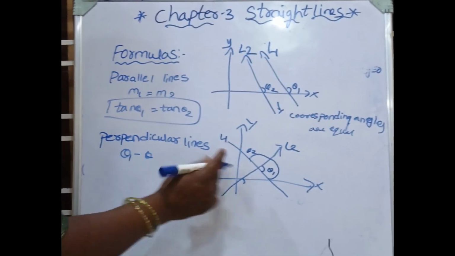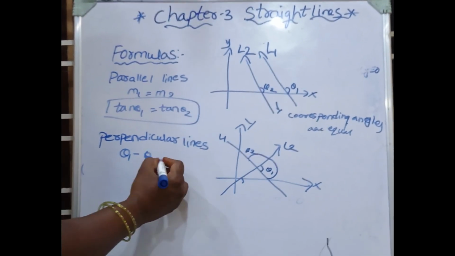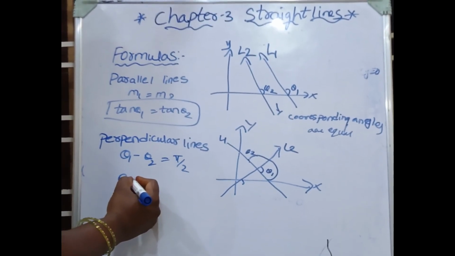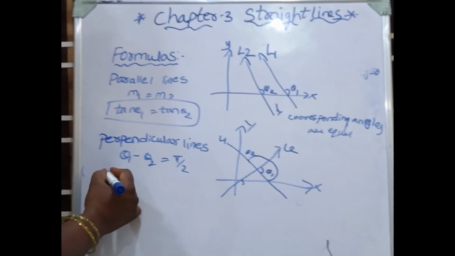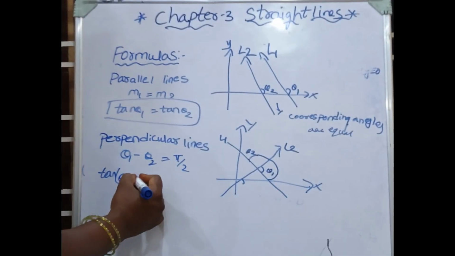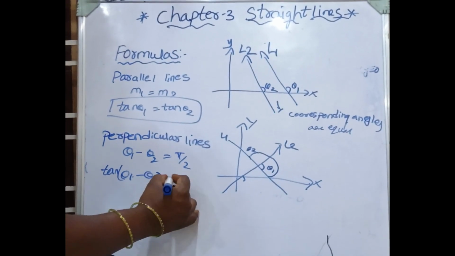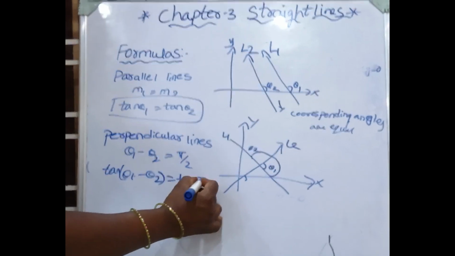Theta 1 is the angle, rotated by 90 degrees. Let us apply tan: tan of theta 1 minus theta 2 equal to tan pi by 2.